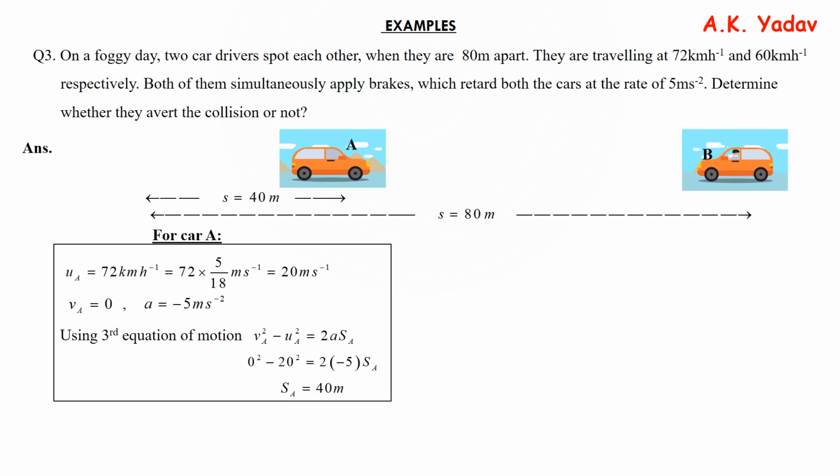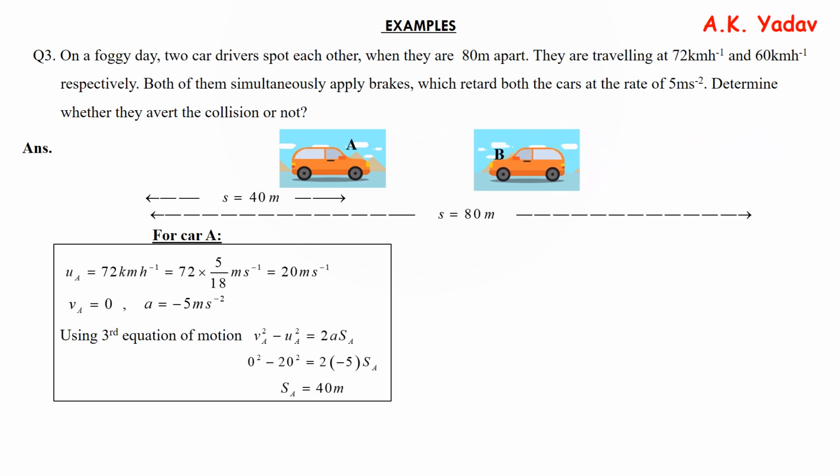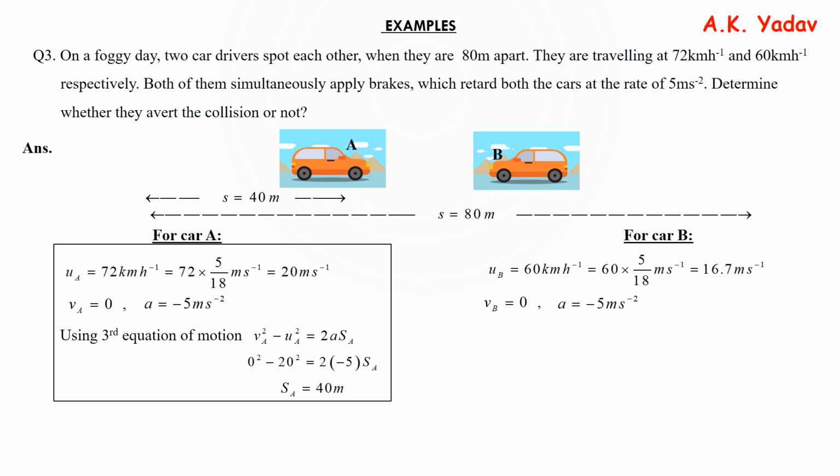Now for car B, uB is the initial velocity, it moved and it stopped. Here the velocity is 60 km per hour, that is 16.7 meter per second. Final is 0. a is minus 5.